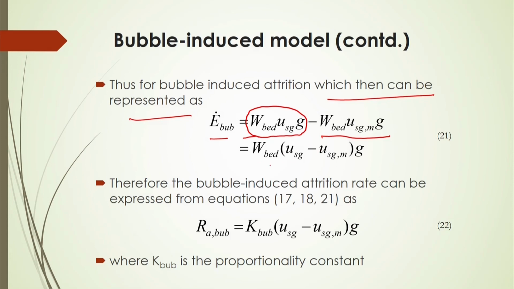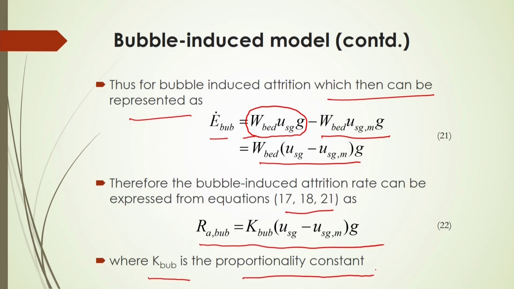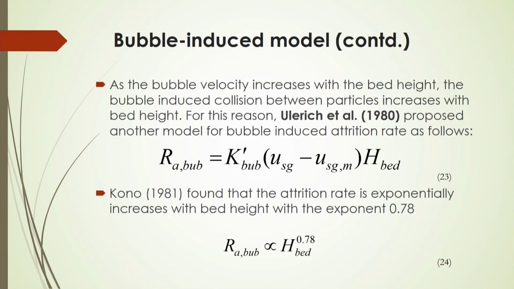After subtracting, you get the equation for the energy supplied for attrition by the bubble induced mechanism. Therefore, the bubble induced attrition rate can be expressed from equations 17, 18 and 21, after simplification, as K_bub into (U_HG minus U_HGM) into Z. Here K_bub is the proportionality constant, obtained from experimental data.